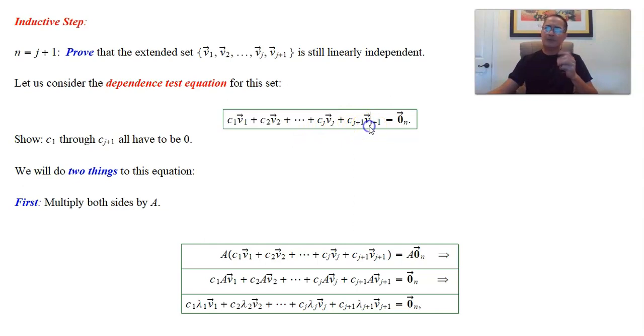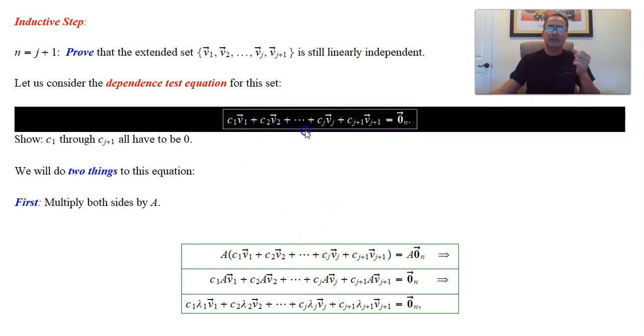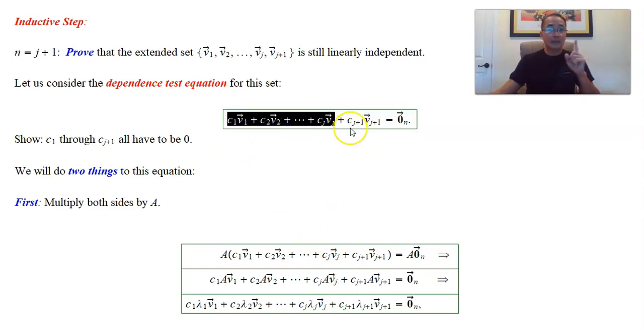But unfortunately we have one more vector, so nothing tells us that these are zero. This is a new dependence test equation involving more vectors, so we can't say right away that those coefficients have to be zero. No wishful thinking.